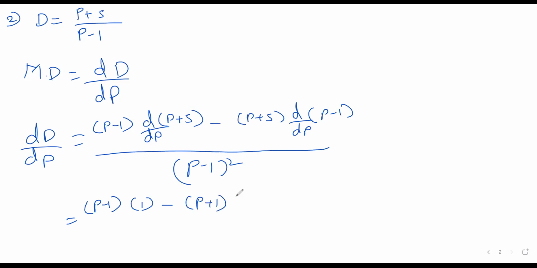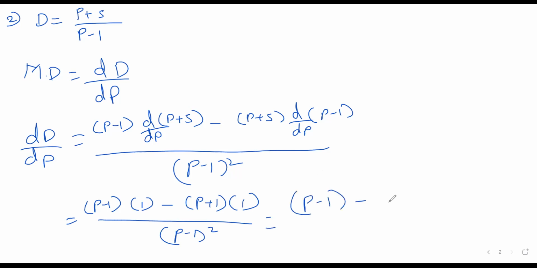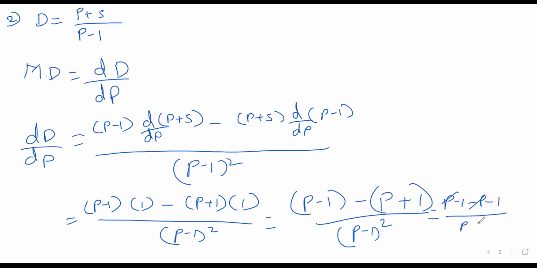Minus P plus 1, also this is 1. Whole thing upon P minus 1 bracket square. So P minus 1 minus P plus 1 upon P minus 1 bracket square. P's will get cancelled. So marginal demand function is given as minus 2 upon P minus 1 bracket square.